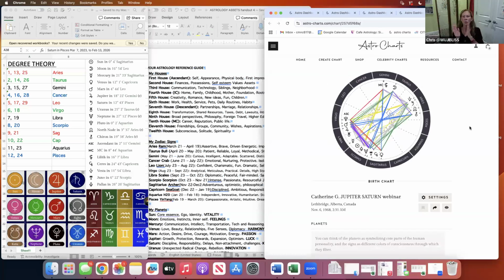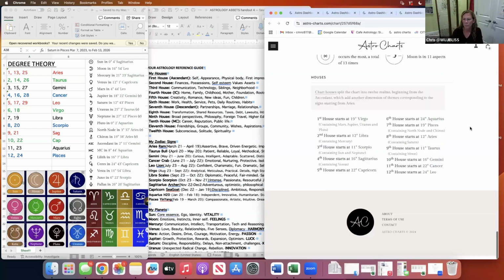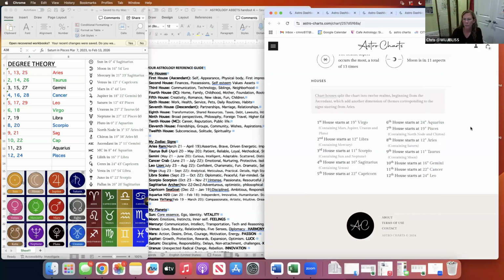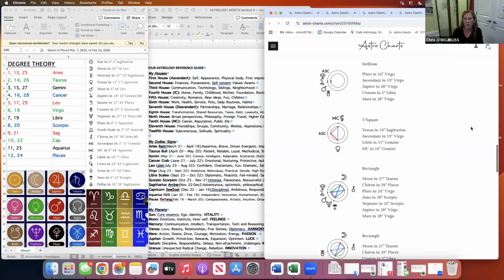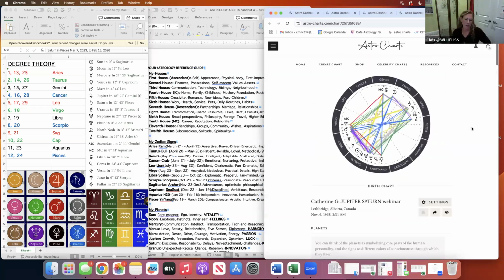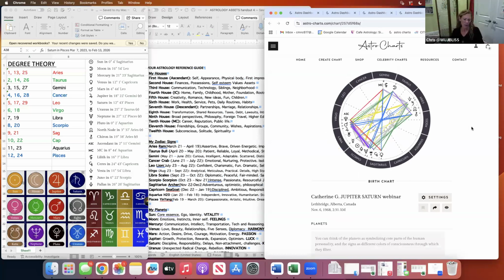Okay, so let me just double, triple check. So Saturn in the 8th house. The 8th house is about shared resources, and it's about taboo subjects. With Saturn in the 8th house, you may not want to take your partner's last name.